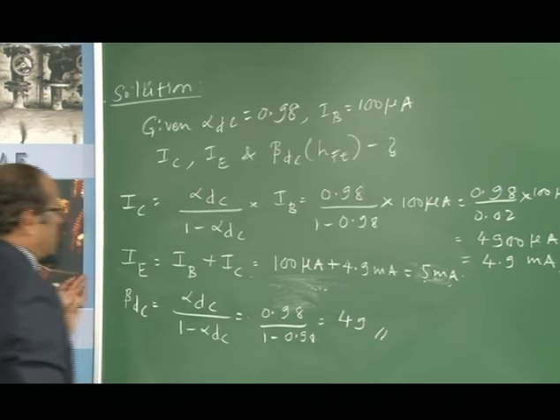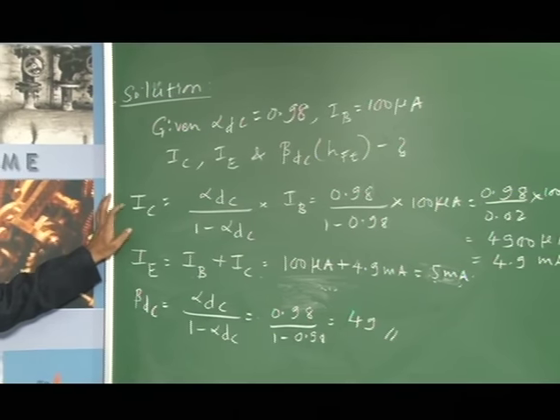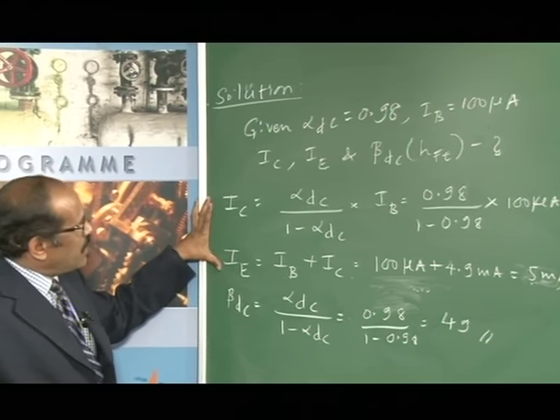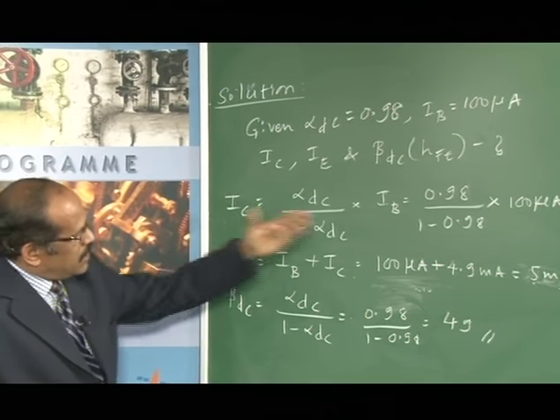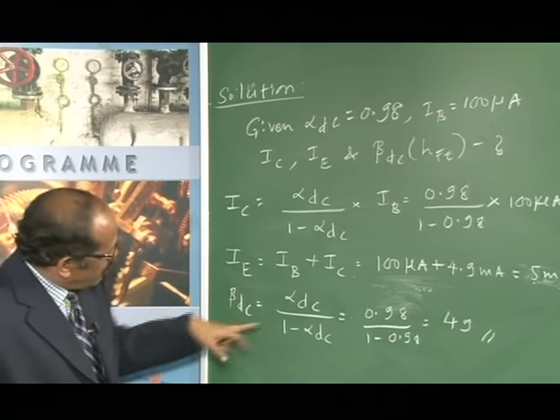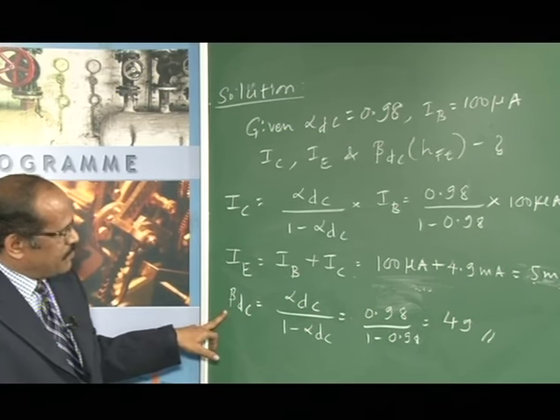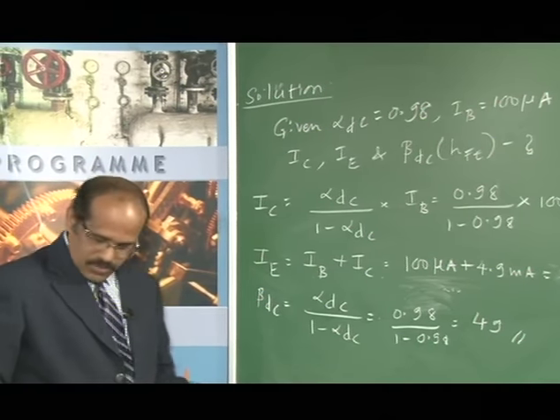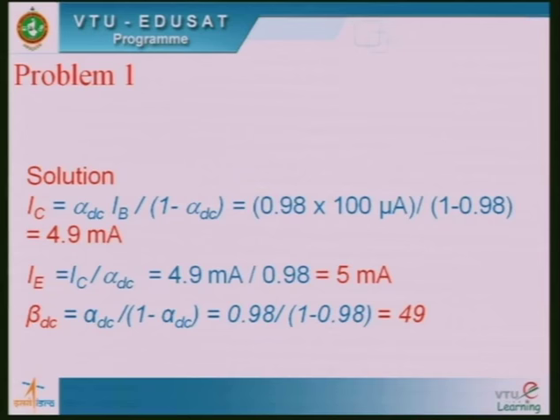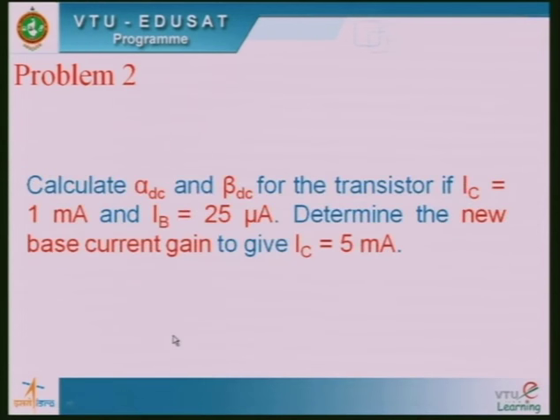So using this solution, we get IC equal to 4.9 milliamperes, IE equal to 5 milliamperes, and beta DC equal to 49. Now let us see another problem.